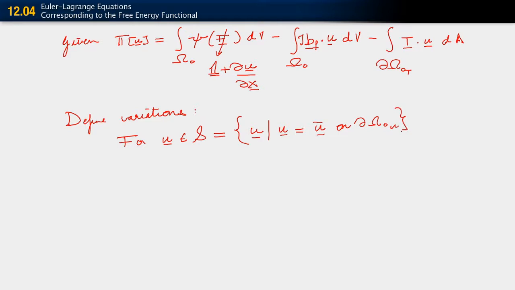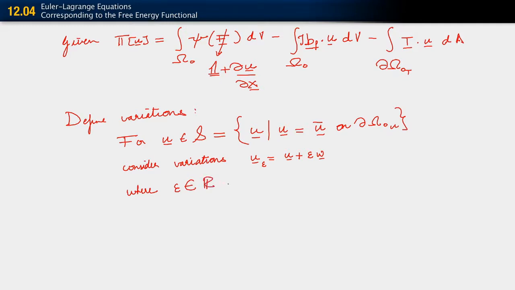Okay, for these kinds of displacement fields, consider variations which we will write as u sub epsilon equals u plus epsilon w, where epsilon just belongs to the real numbers, right?